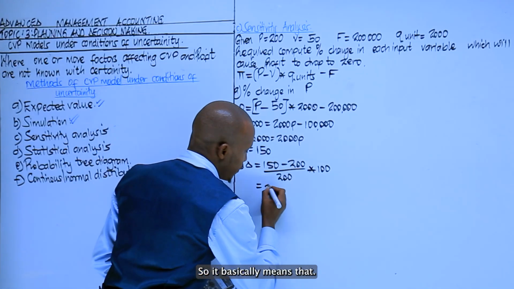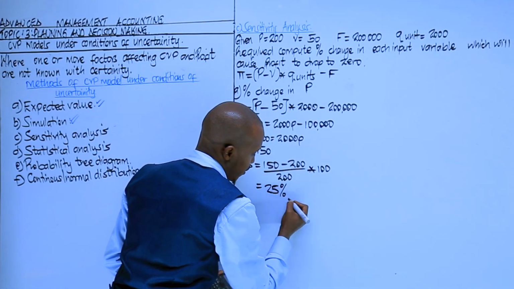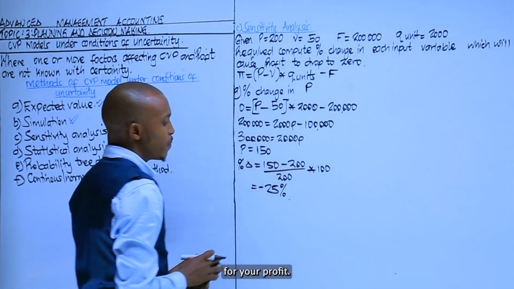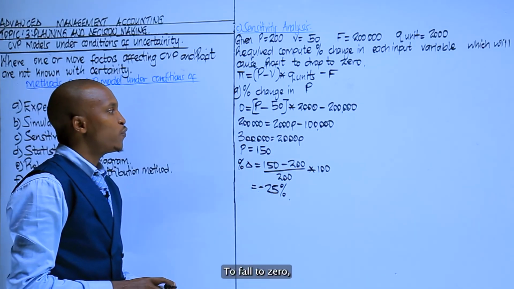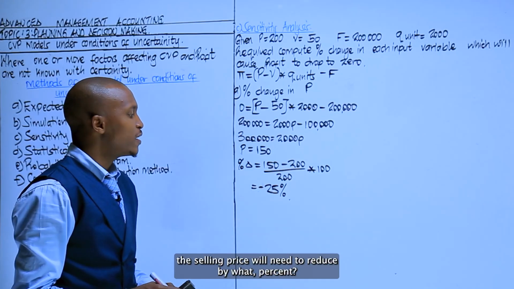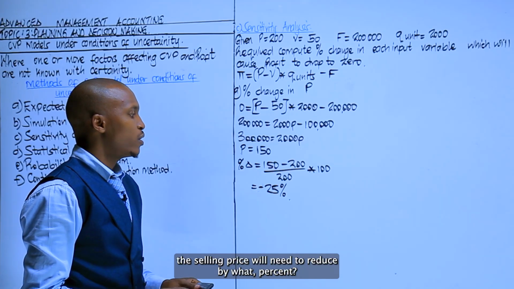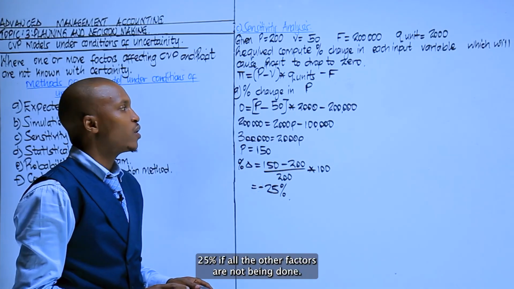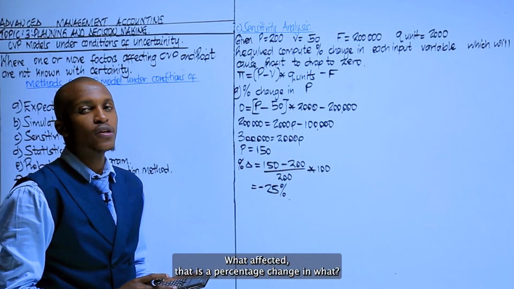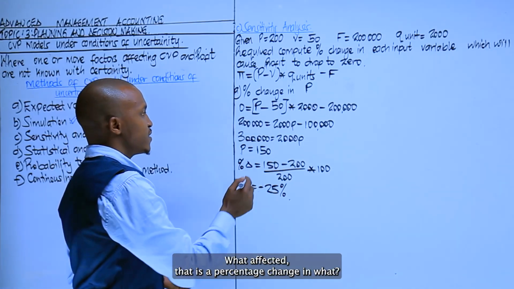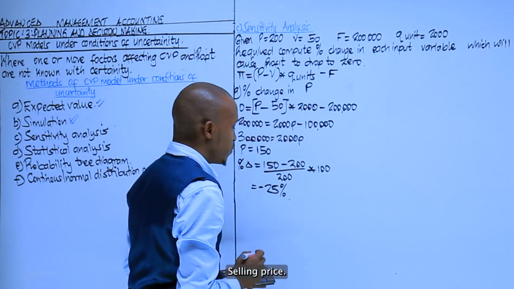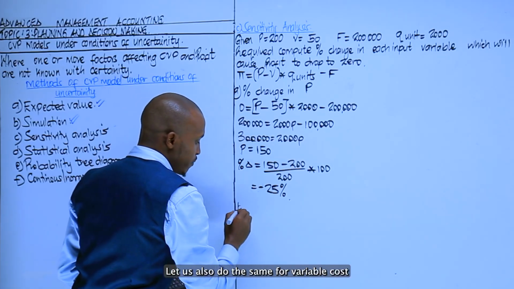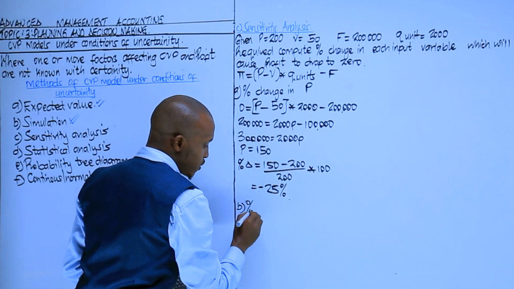So it basically means that for your profit to fall to 0, the selling price will need to reduce by 25%, if all the other factors are not affected. That is the percentage change in selling price.